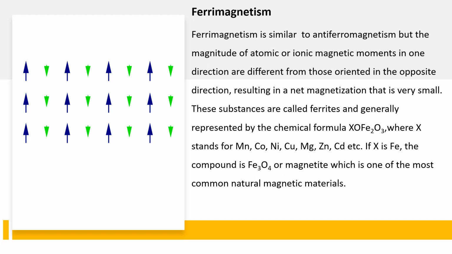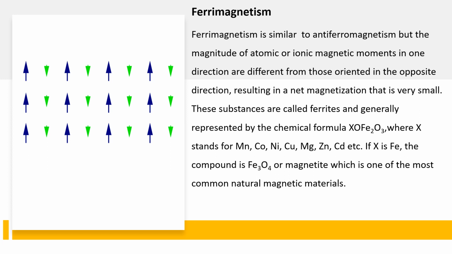These ferrites are generally represented by the chemical formula XO·Fe2O3, where X stands for any element: manganese, cobalt, nickel, copper, magnesium, zinc, cadmium, etc. Suppose X is iron, Fe, then the compound will be Fe3O4, which is magnetite, the first magnetic material, the natural magnetic material.